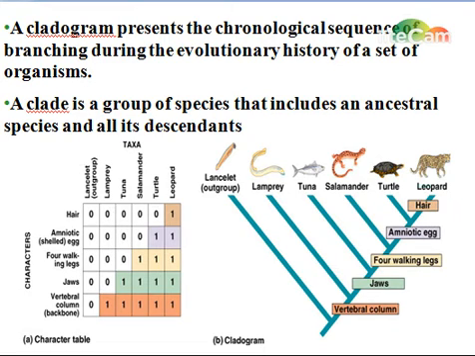First, I want to take a look at this cladogram, which presents a chronological sequence of branching during the evolutionary history of these organisms. A cladogram does not indicate the time of origin of the species that we're comparing, but serves to show the groups to which these different organisms belong.